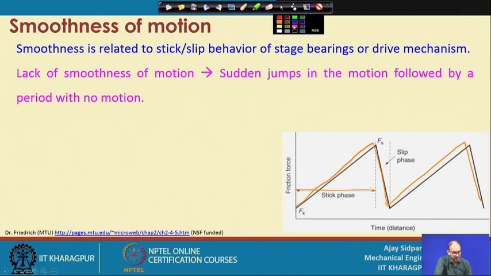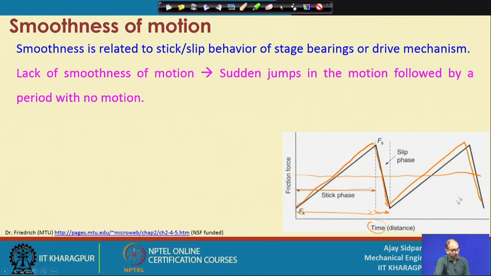What we need in this case is that the friction force should be uniform, so that you can get a uniform motion, but that is not the case. Because of the lack of smoothness, there is a sudden jump in the motion followed by a period of no motion. Within this particular time it is very difficult to move in this direction, but after that you are not getting enough friction, and suddenly you move the part, and again it comes to a standstill.